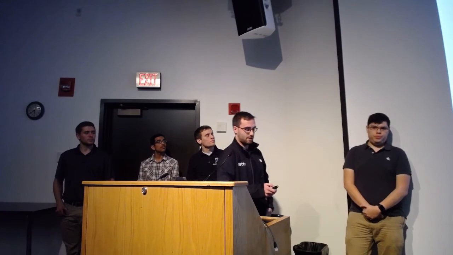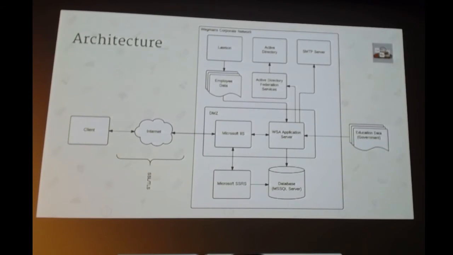So the question was, are there any security concerns with data that we're hosting in the application for the people on YouTube? If you look right here, our application is being deployed inside of a DMZ, which is a demilitarized zone. Basically, the application is going to be isolated from the rest of the Wegmans corporate network and uses infrastructure such as Active Directory Federation Services in order to actually go through with authentication.